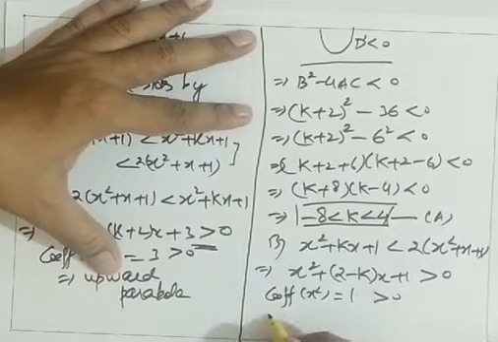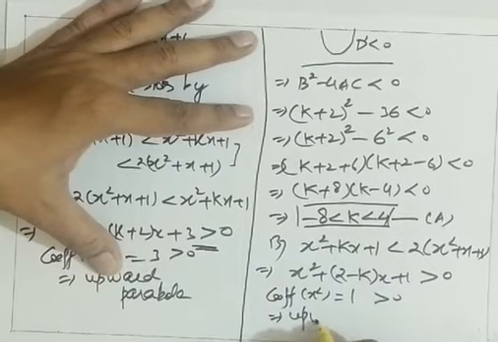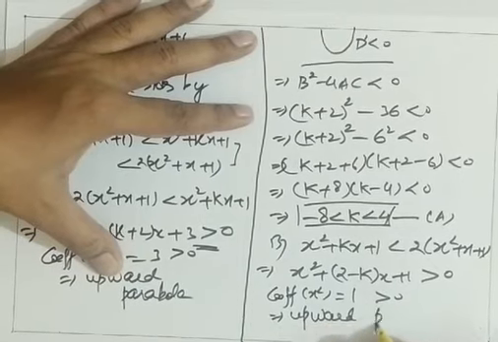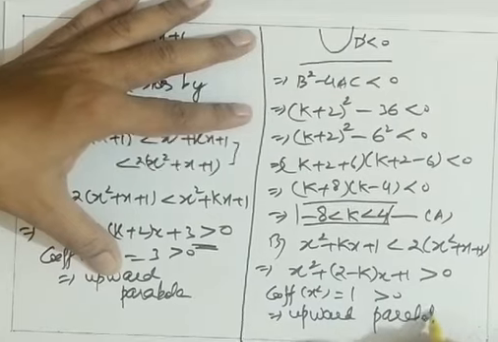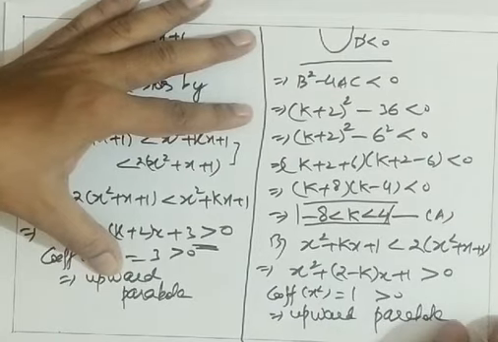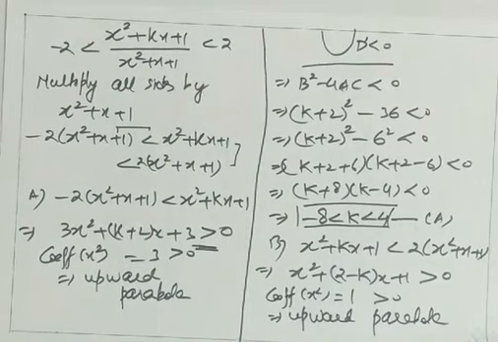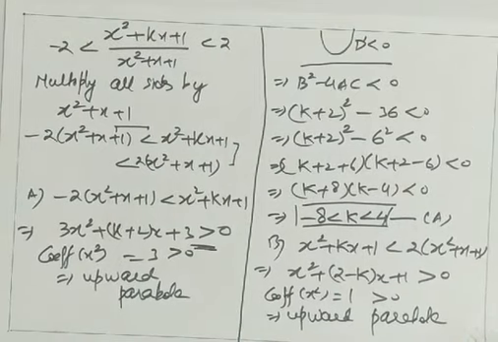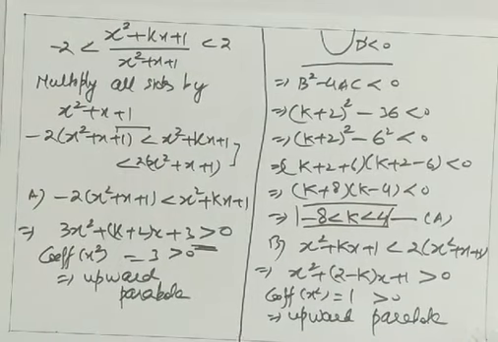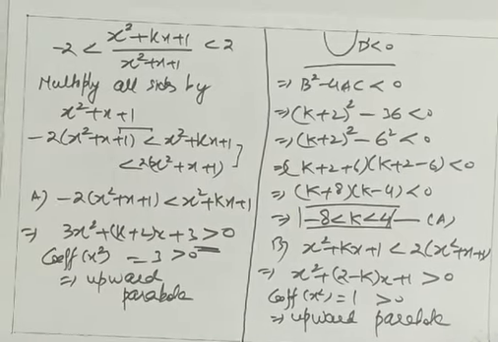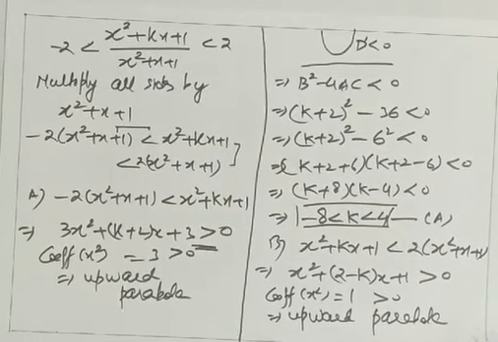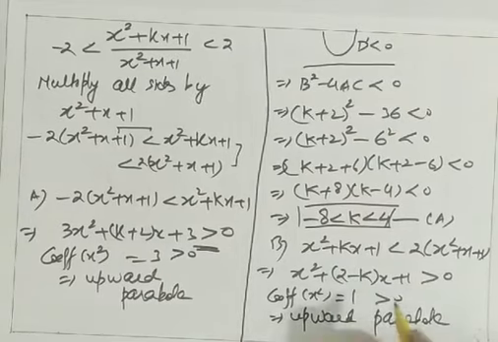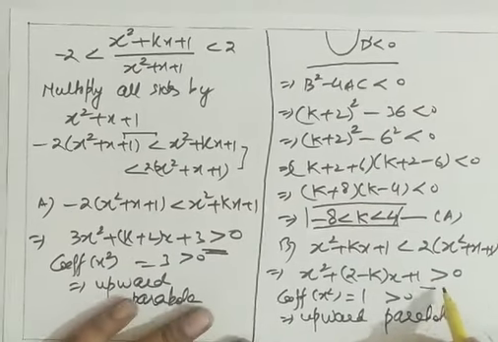So the graph of the left hand side will be an upward parabola, and the left hand side has to be always greater than 0.